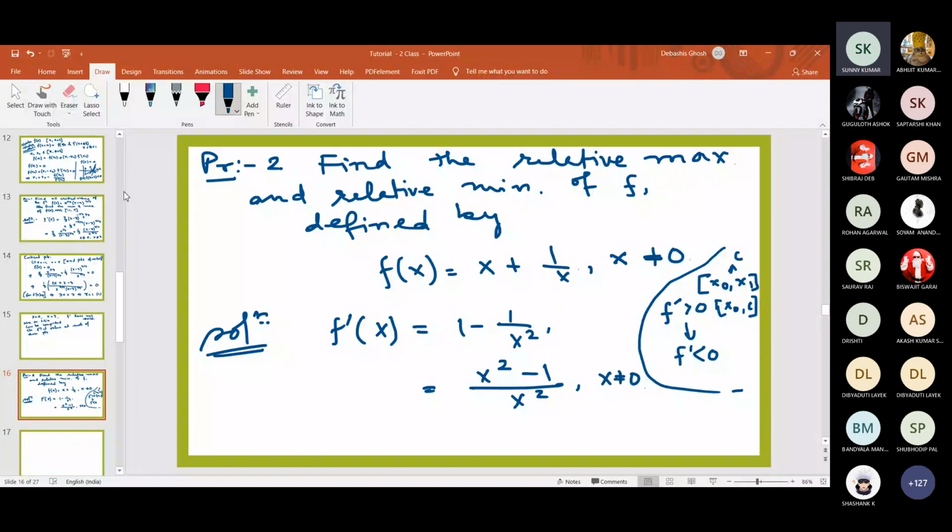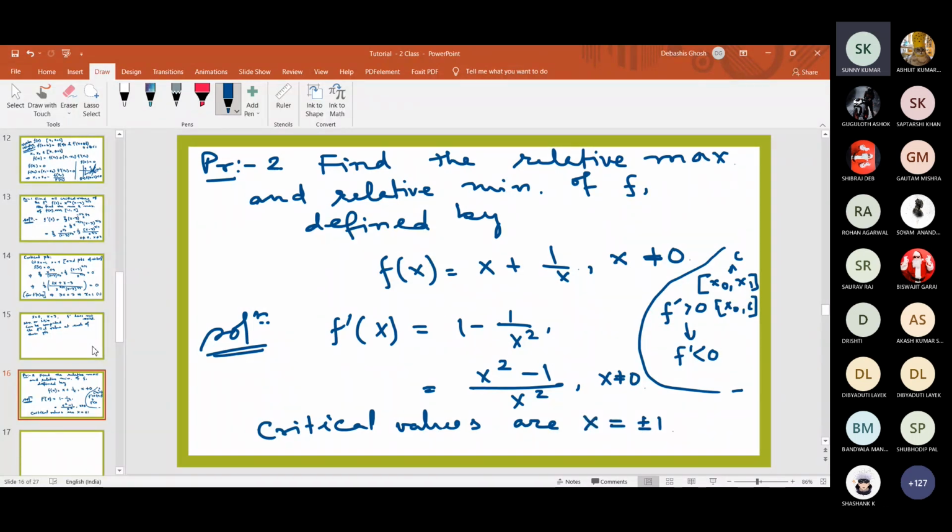So we are not considering x equals 0 as a critical value in this case, because f dash of x does not exist there. So what are the critical values? The critical values are x equals plus or minus 1.